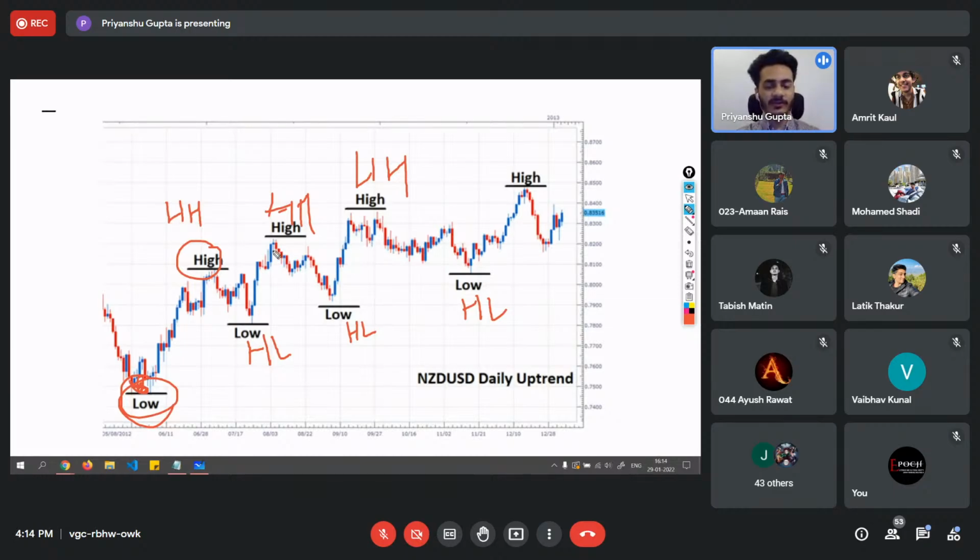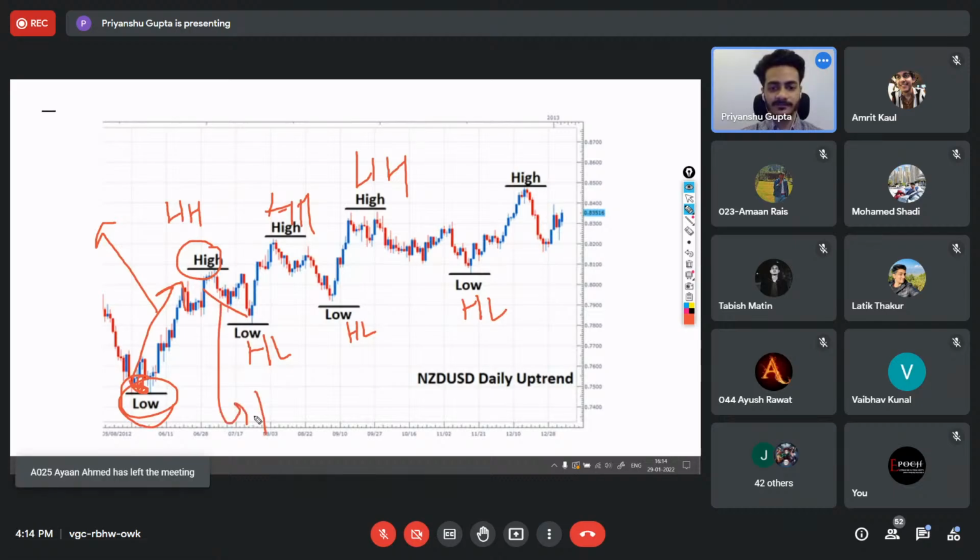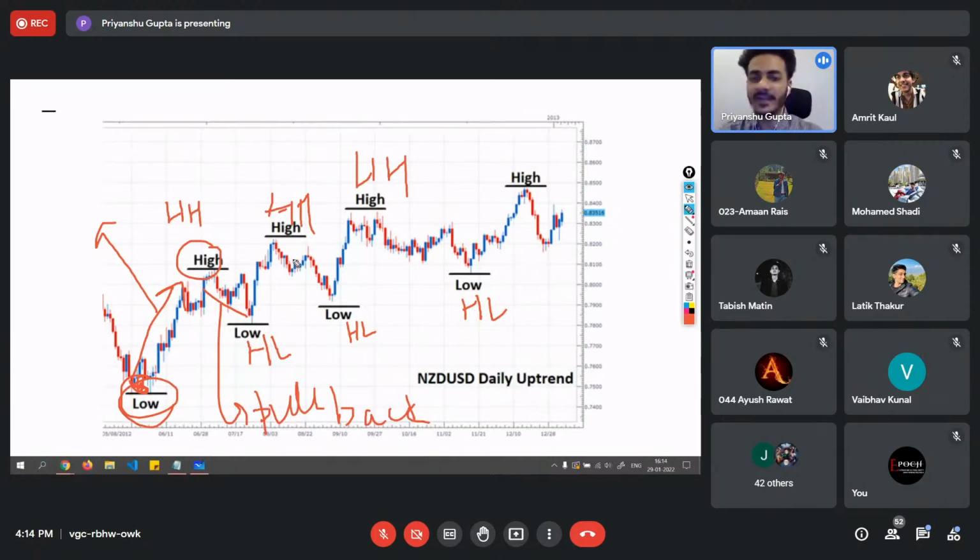For identifying that, this is the thing which is basically interrupting the uptrend, right? This is called a pullback, which is causing the uptrend to fall, right? This is called a pullback.